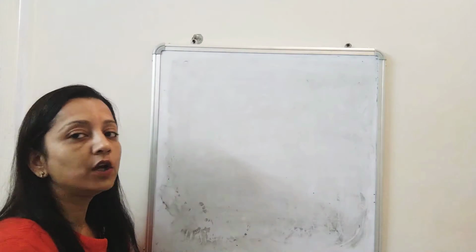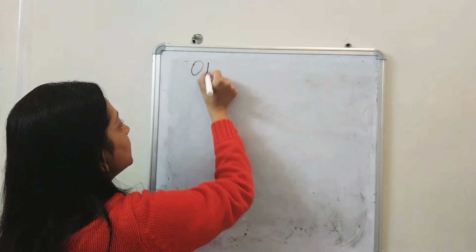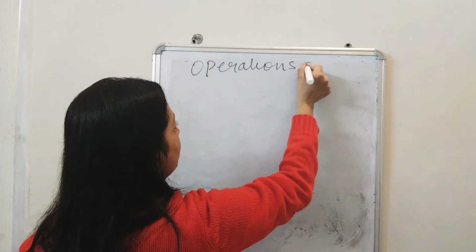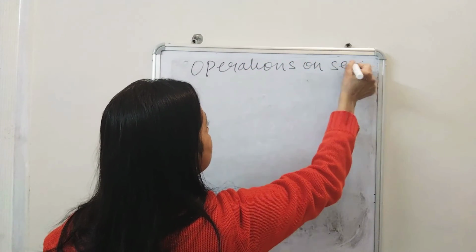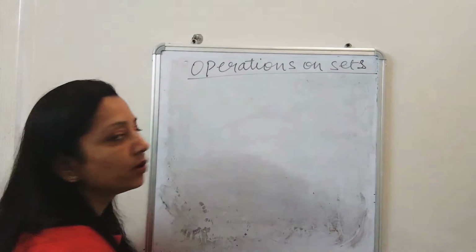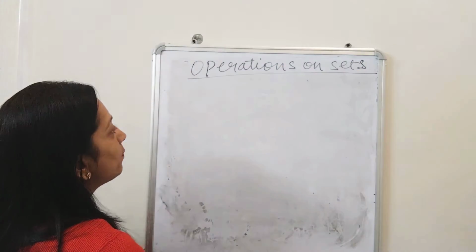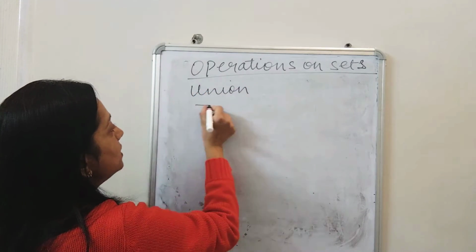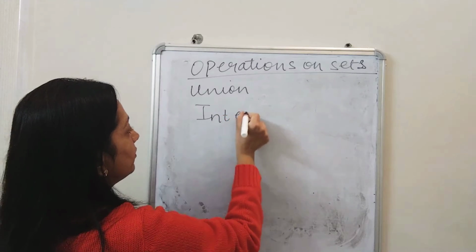Now moving on, the operations on sets. There are two basic operations that can be performed on sets. Those two operations are union and intersection.